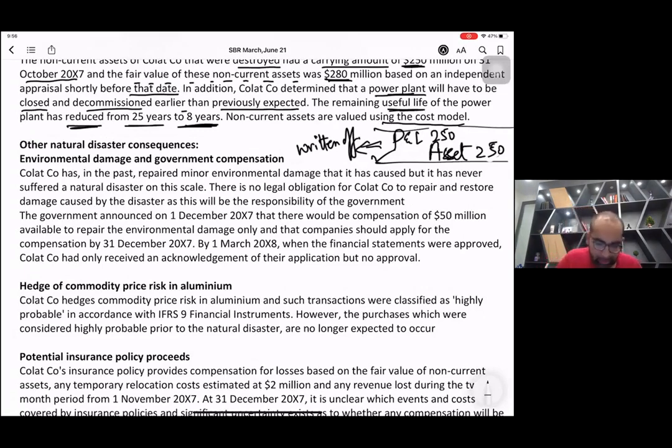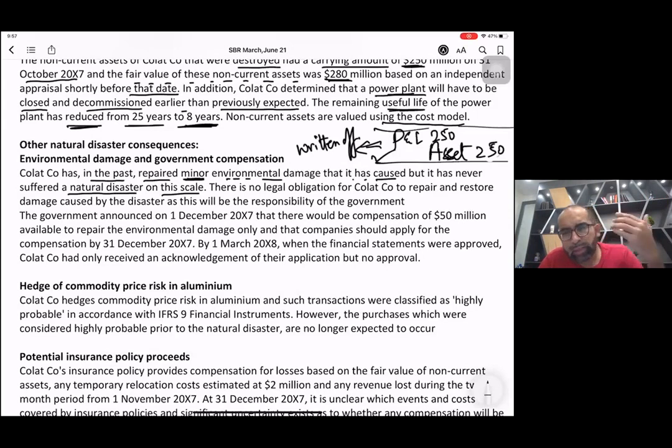But yes, listen, Collard company has in the past repaired minor environmental damage that it has caused, but it has never suffered a natural disaster on this scale. As we are operating, we may create pollution, so we are damaging the environment.